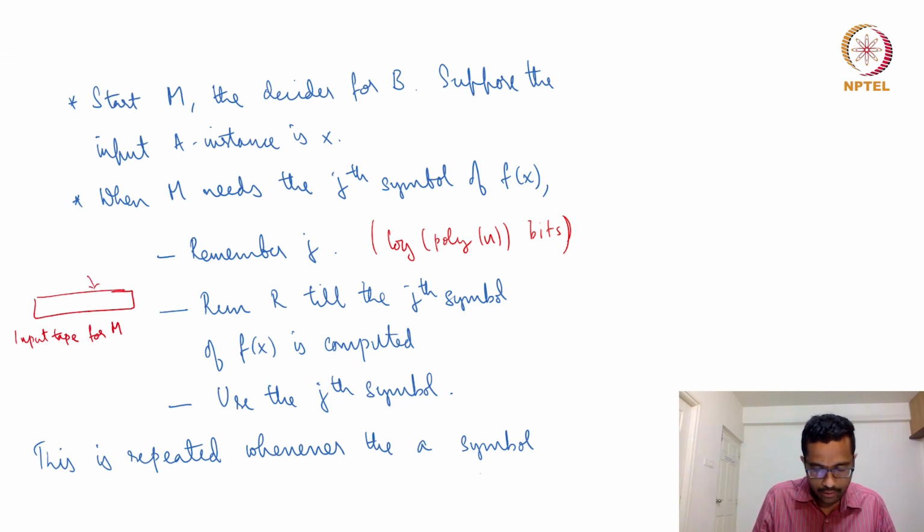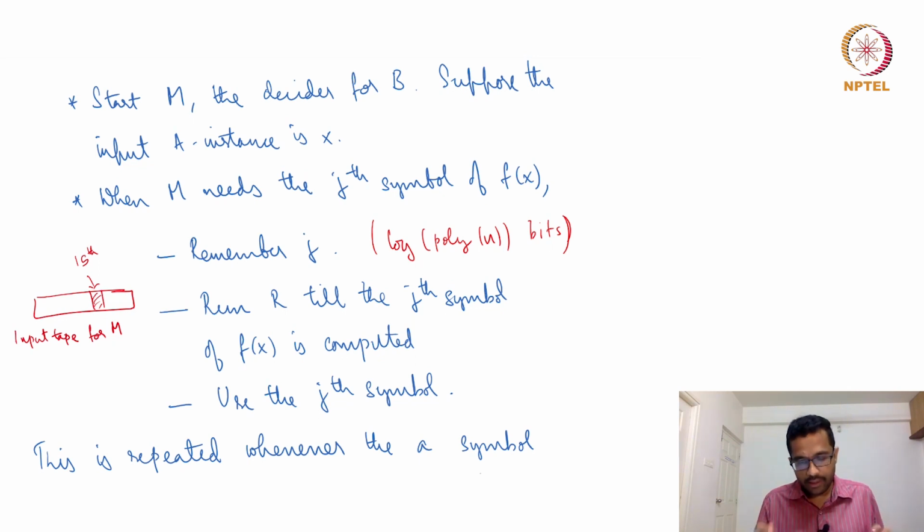So maybe let's say it requires the 15th symbol. Then we start running R, the reduction machine, and we ignore everything like the first bit, second bit, and so on, till it writes the 15th symbol. Once it writes the 15th symbol, we just remember the 15th symbol, and M continues the computation.